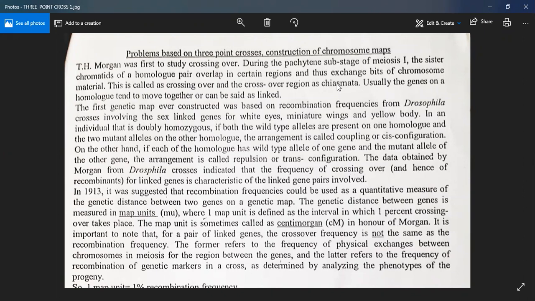So, what does a map normally give? It gives you the location. And second thing, what is present in the map? Distance between two points. For example, distance between Mumbai and Pune or distance between Pune and Nasik. Likewise, even on a particular chromosome, when the genes are present, you can find out distance between any two genes.